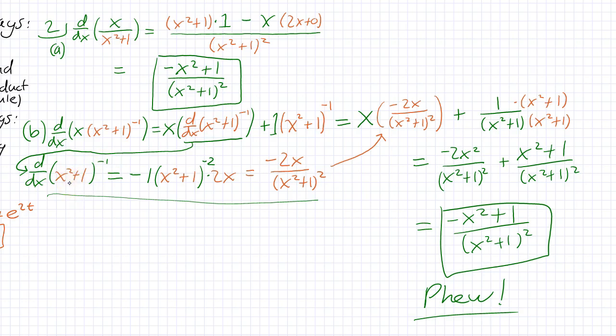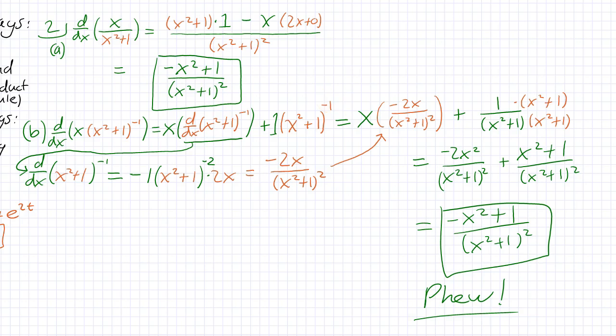Then the derivative of that outer function becomes the exponent comes down, and then you subtract 1 from it, with the original inner function plugged in, and then times the derivative of the inner function. And then I just wrote that power negative 2 as the denominator of the fraction and plugged it back in. So I went from this step to this step by plugging things in.